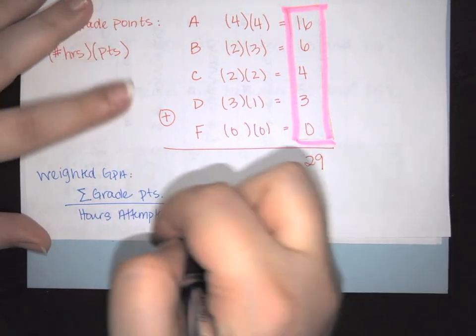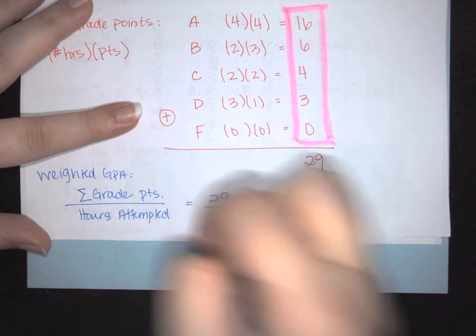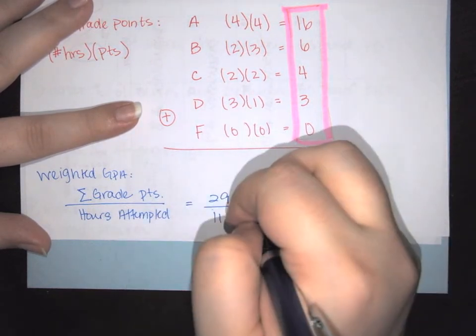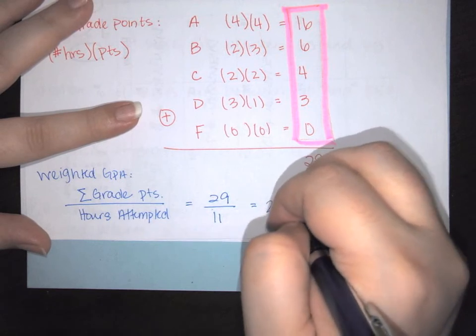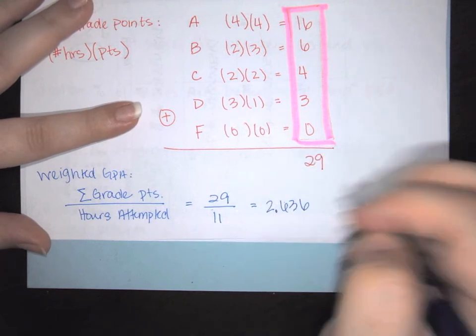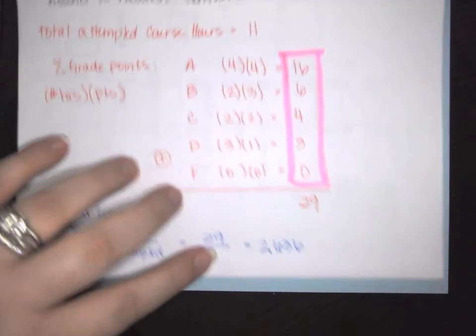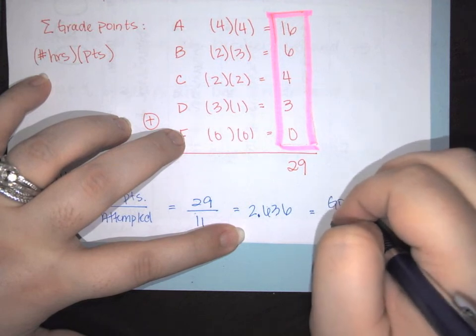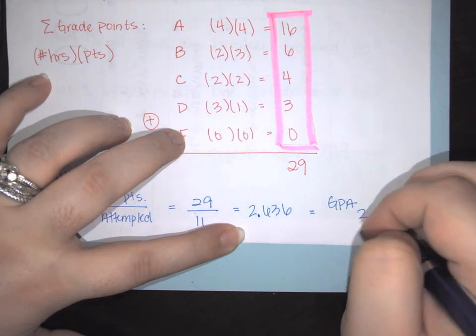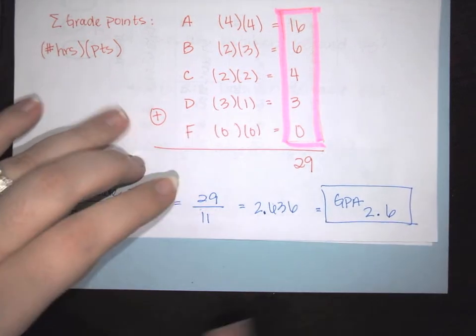In this case, the sum of my grade points was 29 and the number of hours attempted was 11. So this is going to give me 2.636. All of our grades are generally given to the nearest tenth, so we would look at this as having a GPA of 2.6. And this would be the result that you were looking for.